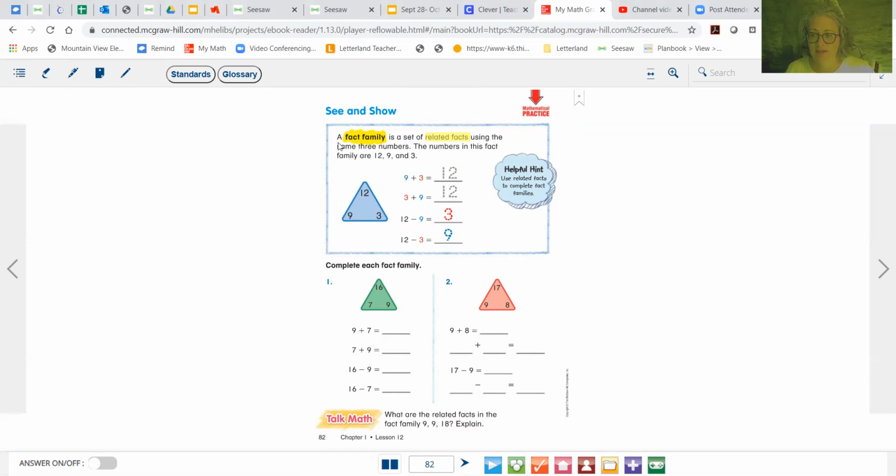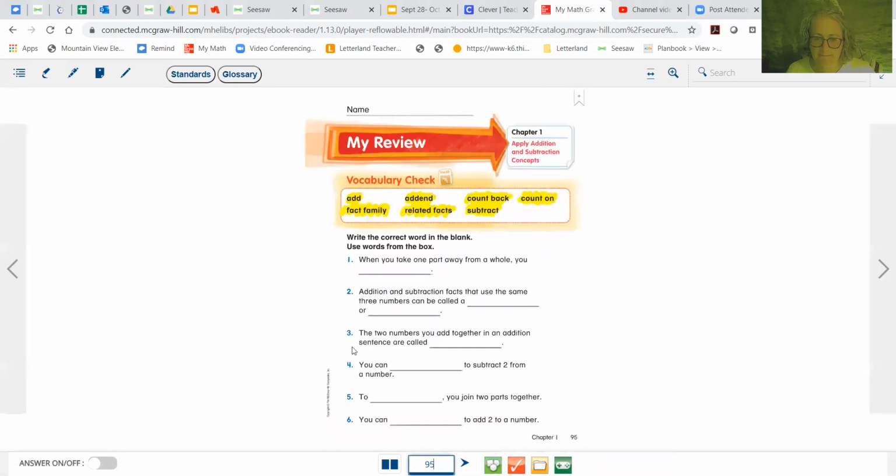So let's read this again. In one sentence, it's got 2 of those vocabulary words. A fact family is a set of related facts using the same 3 numbers. All right, so I'm going to go back where I was after looking at that.